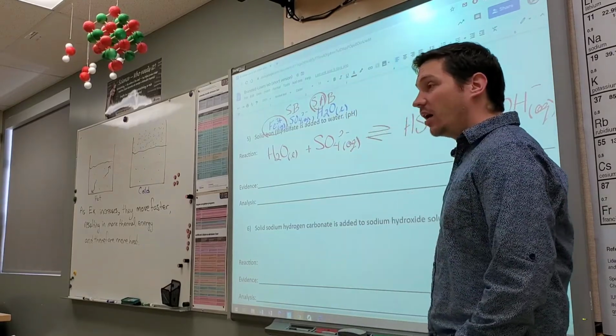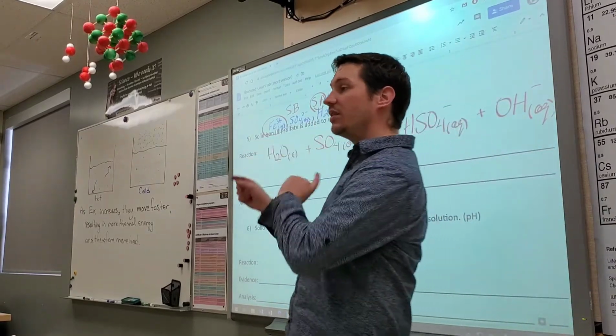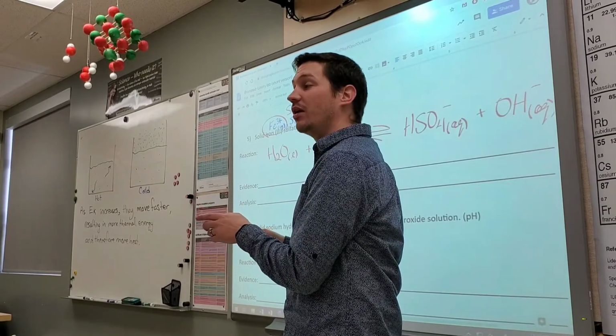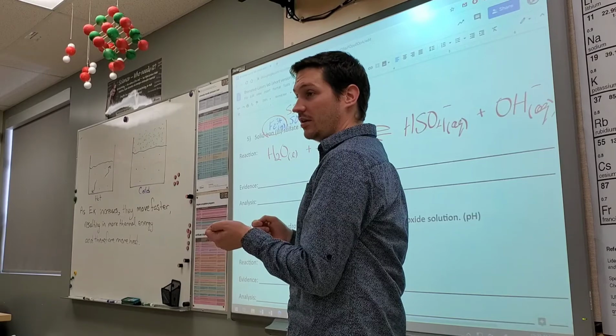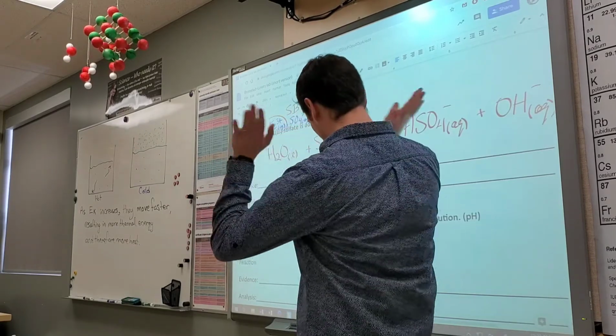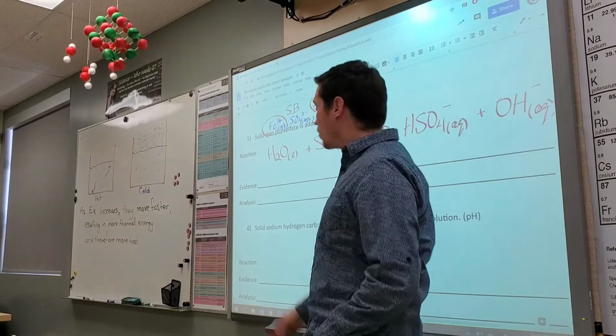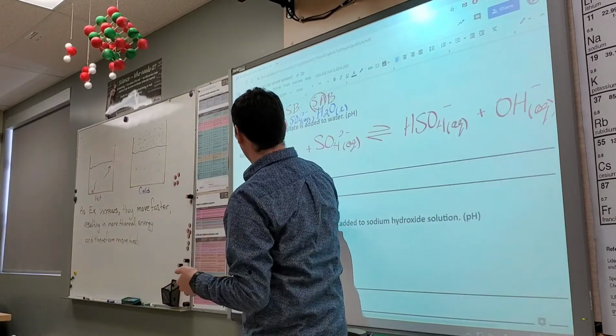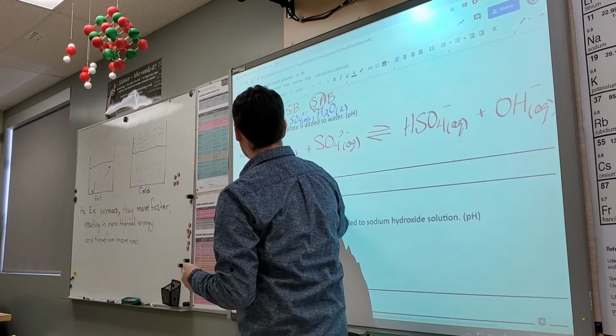If a traditional acid is a proton donor, a Lewis acid is an electron acceptor. It's a very weird definition of an acid, but as long as you understand that, that's totally fine. Okay? So obviously, the evidence was the pH was less than 7.